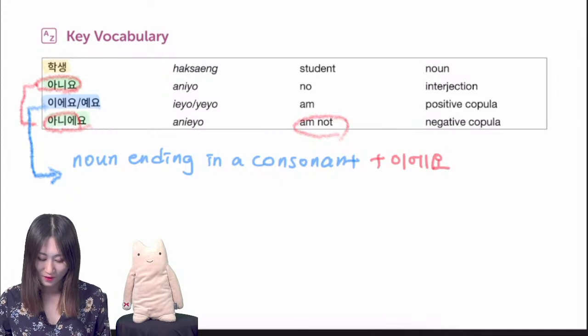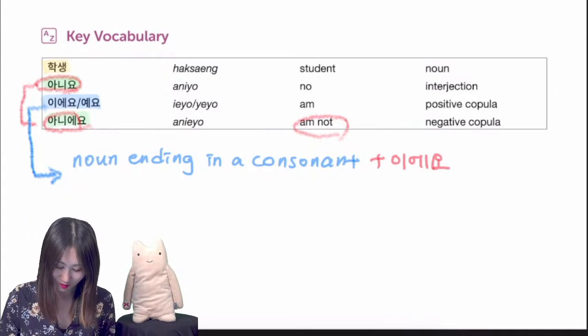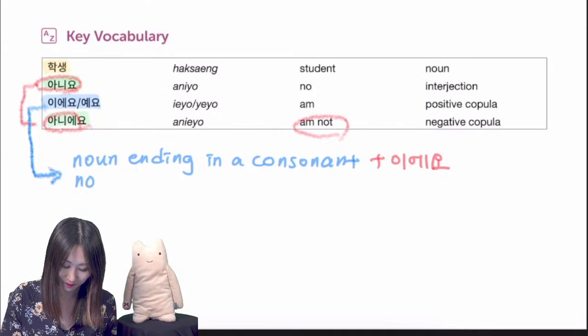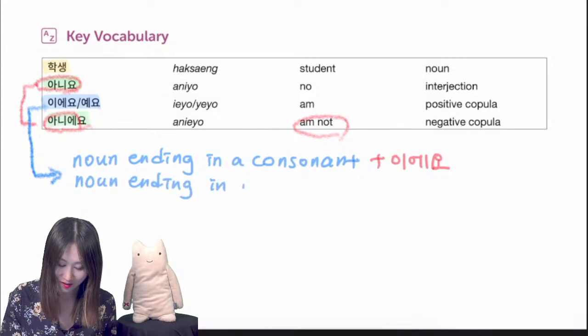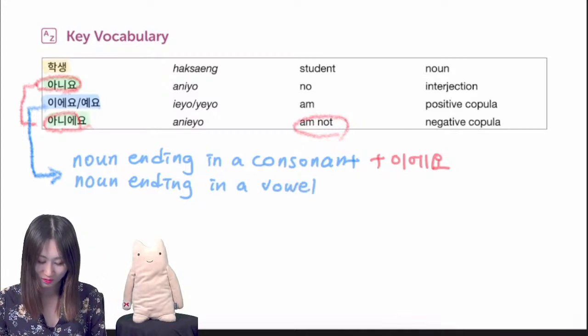And if the noun ends in a vowel, then we use 예요.